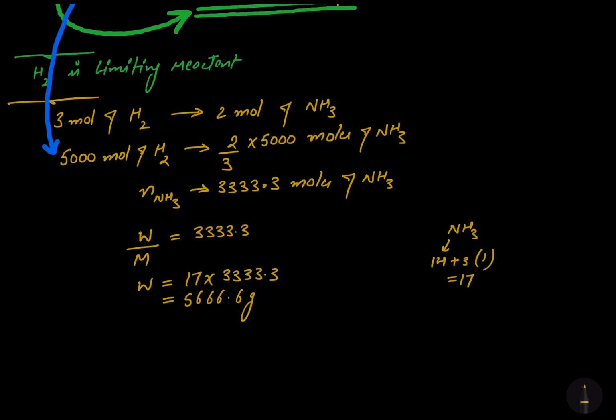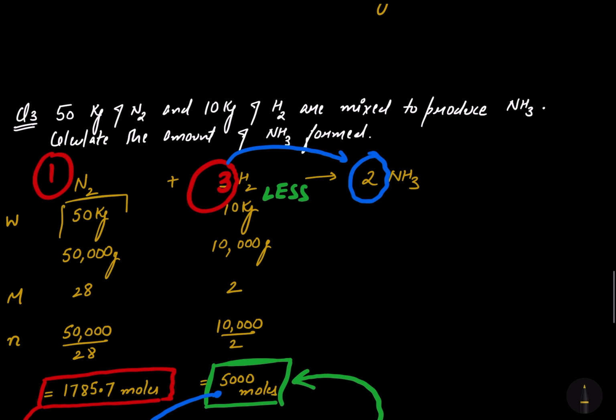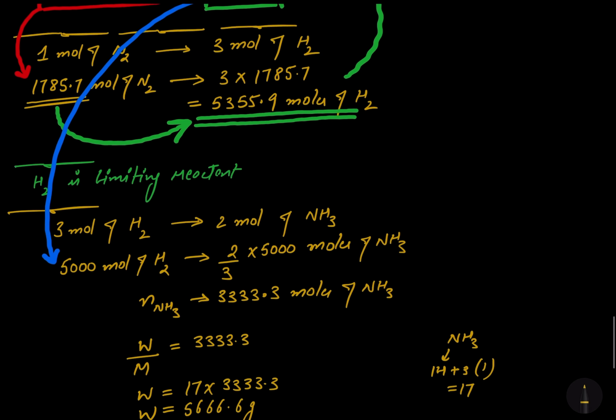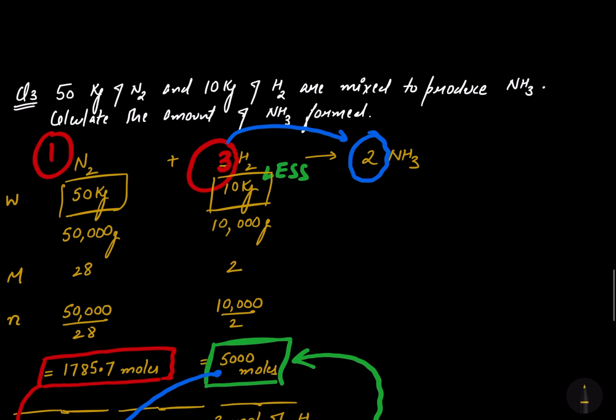My initial values were in kilograms, so I'm going to find the value of NH3 again in kilograms. Dividing by 1000, it comes out to be 56.6 kilograms. So I got the quantity of NH3 that will be produced in this reaction, and I found this with the help of the quantity consumed of the limiting reactant.